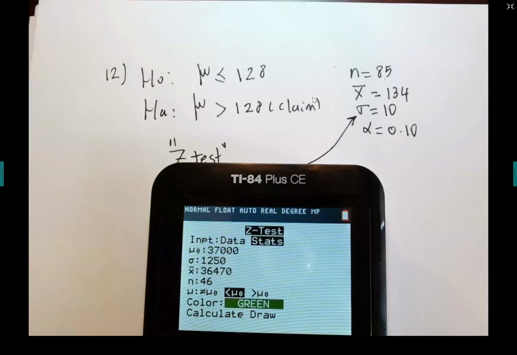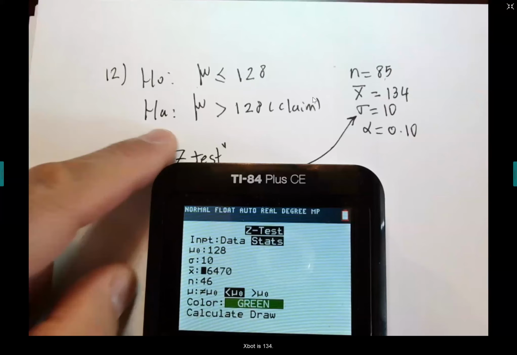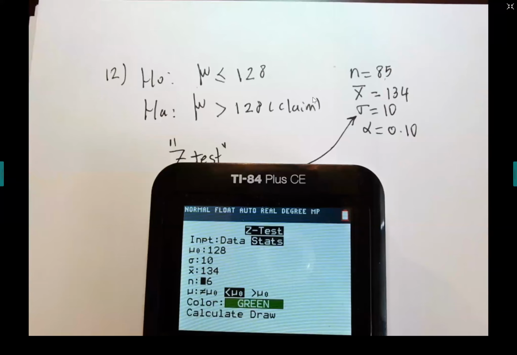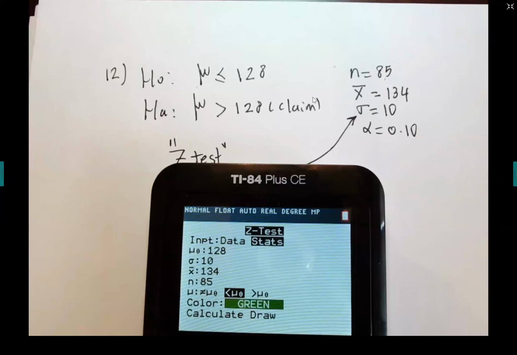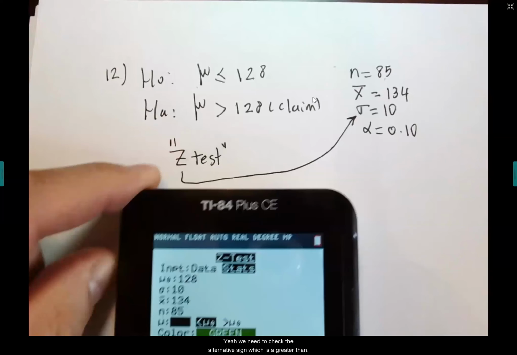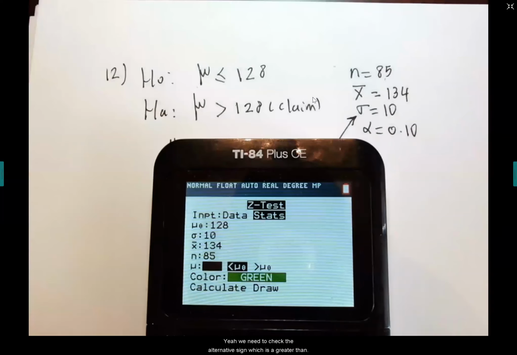Mu zero is 128, sigma is 10, x bar is 134, n is 85, and we need to check the alternative sign, which is greater than. So for mu, you choose greater than, and then hit calculate.